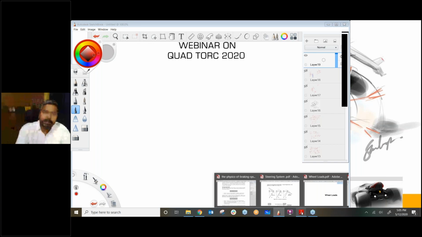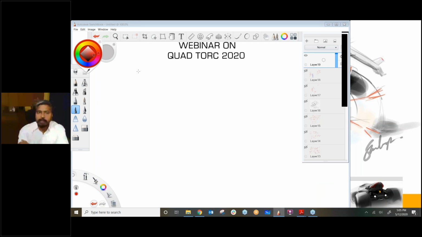So this is what your equation for lateral load transfer would be. From here we can calculate the value of WL, which will be W by 2 plus W AY H by T. I hope you got it.